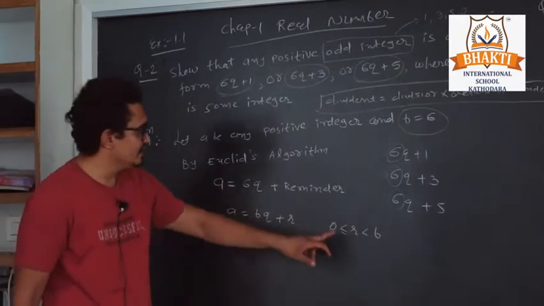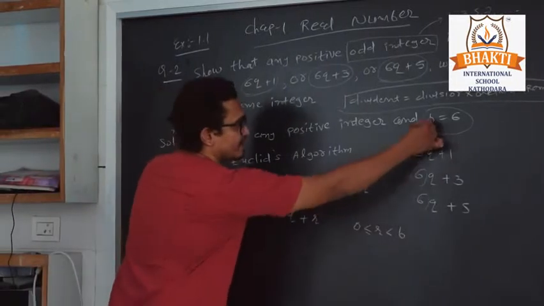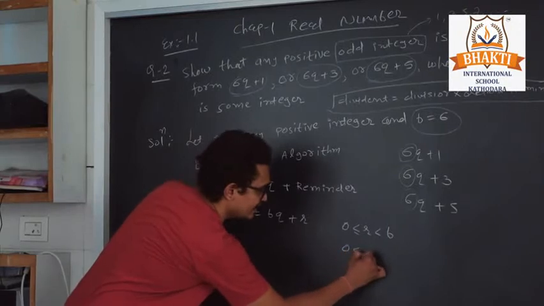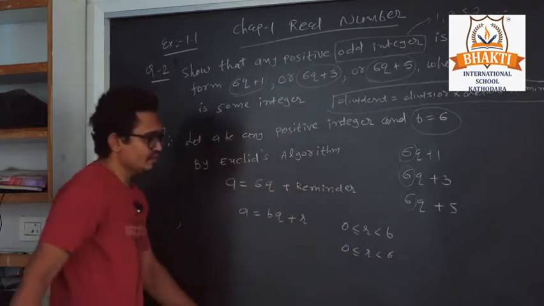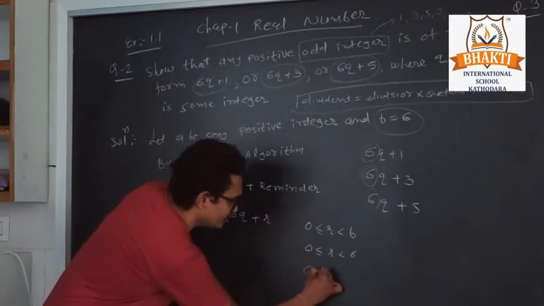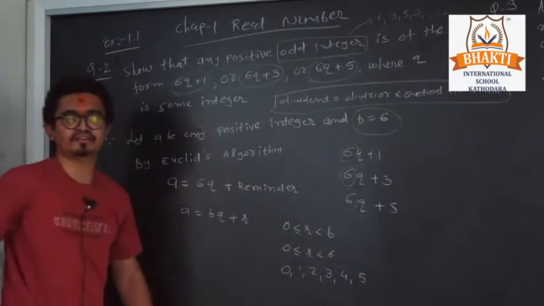First of all, what is the value of b? It will be 6. So here we can write 0 less than or equal to r less than 6. What are the numbers between 0 and 6? They will be 0, 1, 2, 3, 4 and 5.